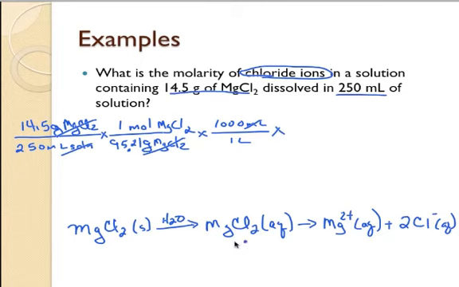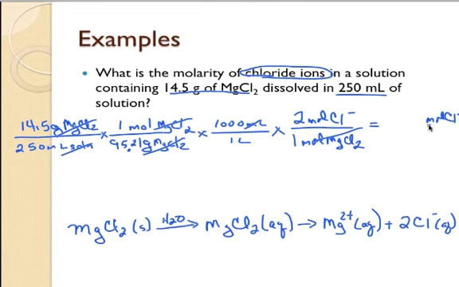So using this relationship, I can then relate 1 mole of magnesium chloride has 2 moles of chloride ions. Those cancel. The units I'm left with are going to be moles chloride ions per liter of solution.